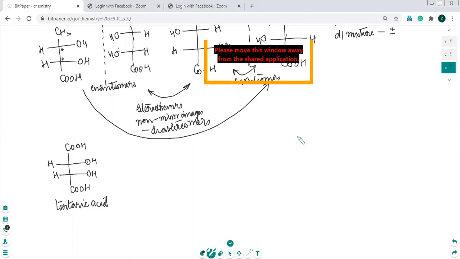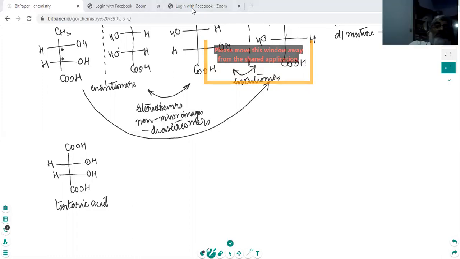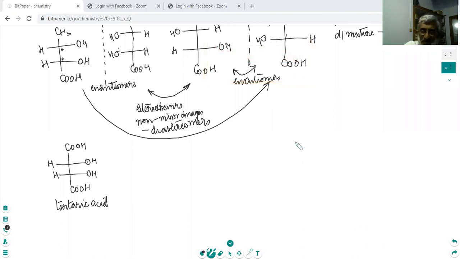I want you to do it fast. Just as we have drawn above, the same way you can draw it. On the top I have drawn it.